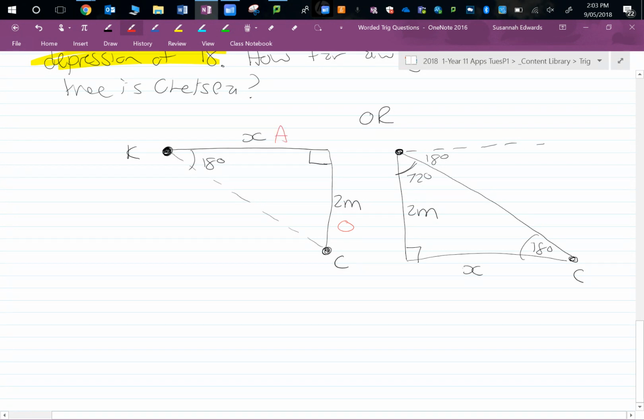So SOHCAHTOA, which ratio? Tan. So I've got tan 18 equals 2 over x. If the pronumeral is at the bottom, what do we do? Good. Okay, so we end up switching the x with the tan 18. And so we go x equals 2 divided by tan 18.